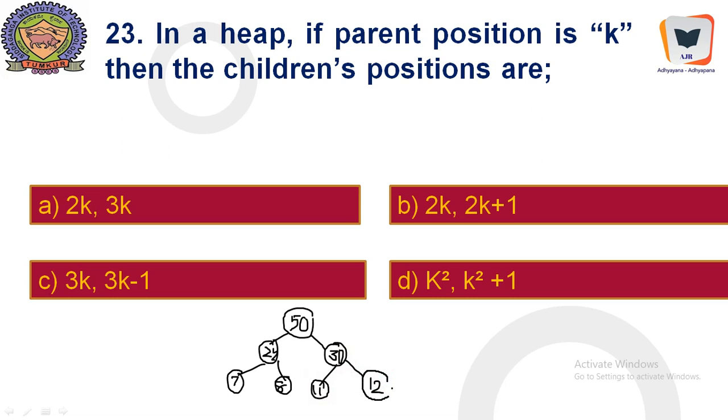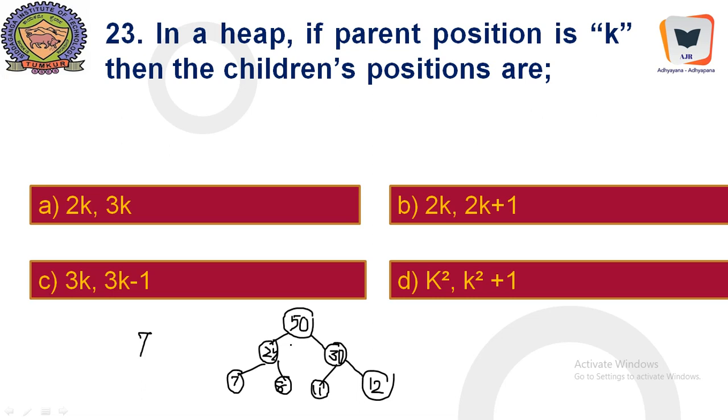Now there are 1, 2, 3, 4, 5, 6, 7 nodes, and this is a typical heap, because it follows the particular condition for a heap. Every parent should be larger than its children, and the largest element will be at the root. 50 is the largest element, and it is at the root.